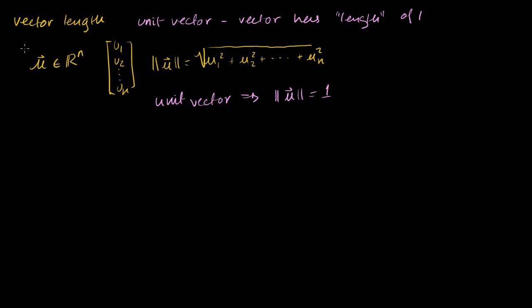So the next obvious question is, how do you construct a unit vector? Let's say that I have some vector v, and let's say it's not a unit vector. So it's v1, v2, all the way to vn.